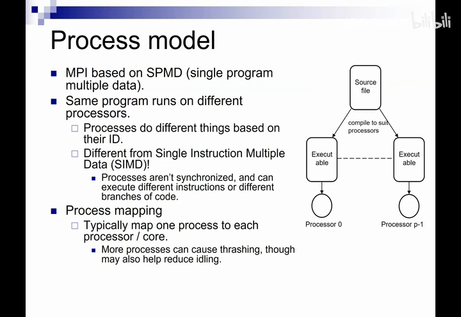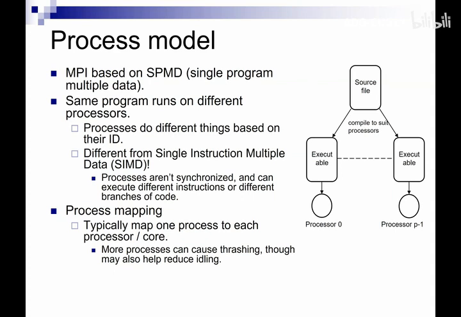Now, a processor can actually run multiple processes. Let's say you have 10 processors and 20 MPI processes. You could put 2 of these processes onto each processor. Usually when you run MPI, you don't really do this. Usually you run the same number of processes as you have processors or cores. So if you have 10 cores, you're only going to run 10 processes, 1 per core.